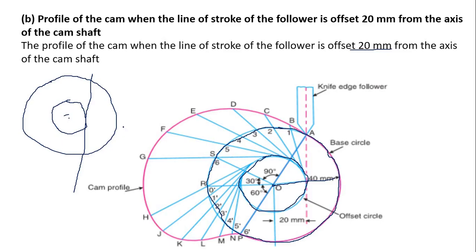This is not a line but an axis, and at this point the follower axis lies. Now from the question we can say that in this diagram the follower axis is 20 mm away from the center of the cam.